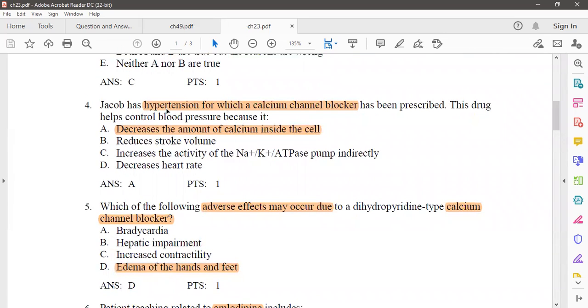Jacob has hypertension for which a calcium channel blocker has been prescribed. This drug helps control the blood pressure by how? Calcium channel blocker mechanism of action: they decrease the amount of calcium inside the cell.